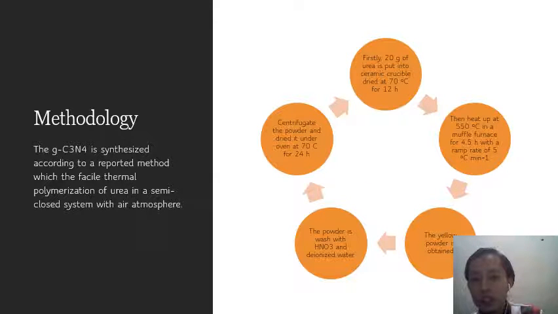The powder is washed with nitric acid and deionized water. Then centrifuge the powder and dry it for 24 hours at 70 degrees C. Then the graphitic carbon nitride powder is obtained.